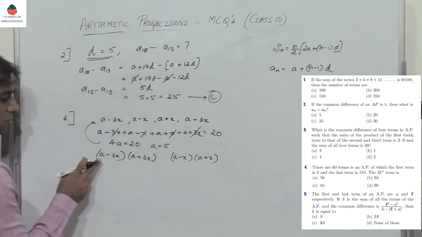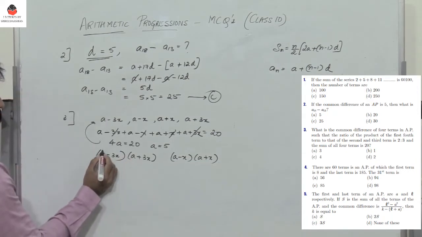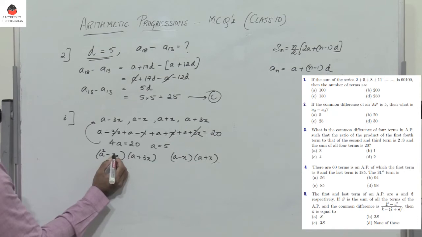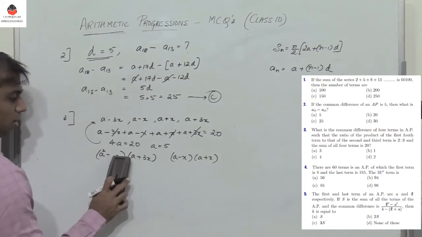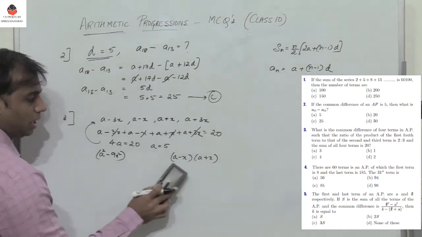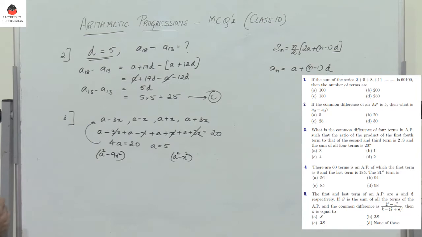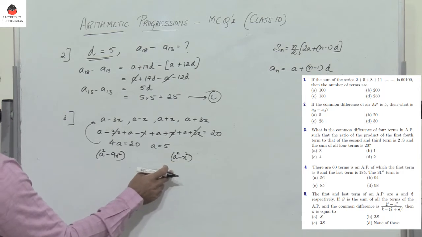So observe that this is the form a minus b and a plus b. So you get a square minus 3x the whole square. So this is 9x square. And this would be a square minus x square. Right? So here this is the product of the first and the fourth term. And this is the product of the second and the third term.